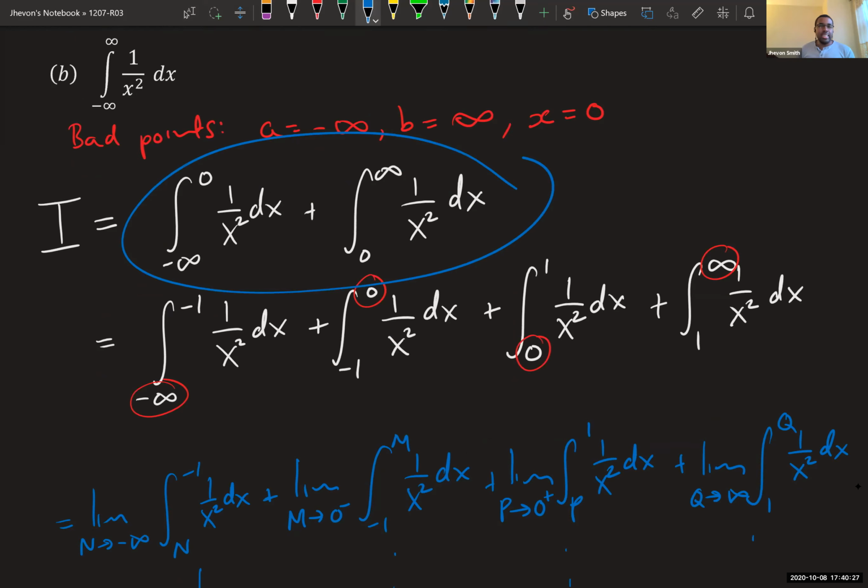But we realized that that didn't really work because I have two issues on each integral. Both 0 and infinity are issues. I can't have a limit approaching 0 and infinity at the same time. So I have to break it down even further. We pick a random point in between 0 and negative infinity, and another random point in between 0 and positive infinity, which here we chose -1 and 1 respectively. And we can end up breaking this integral up into 4 pieces. And so we could actually approach each individual point with a limit.